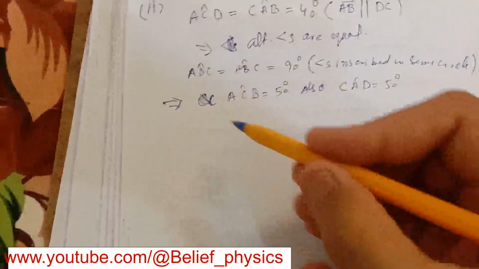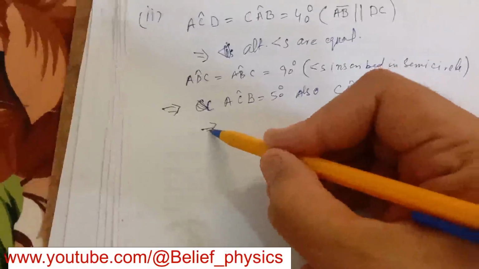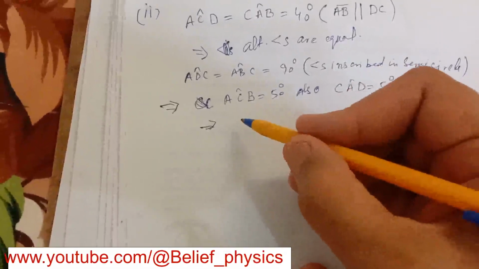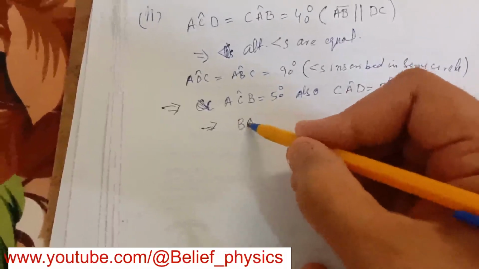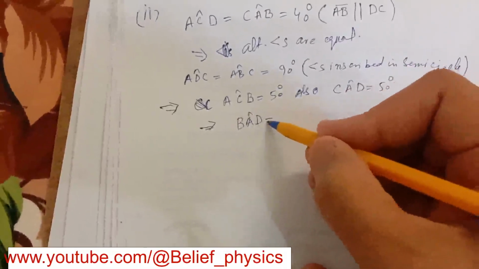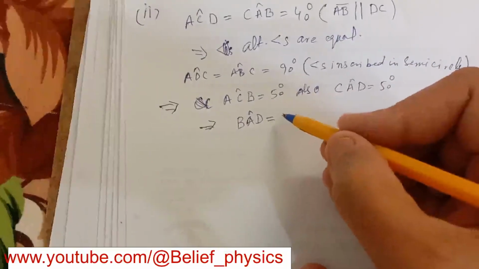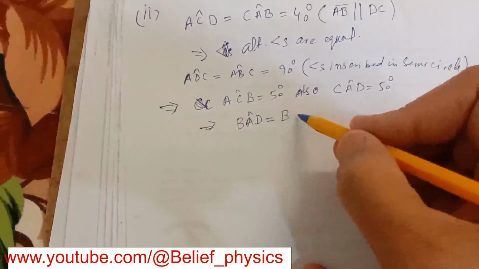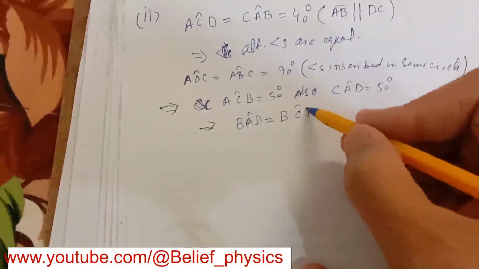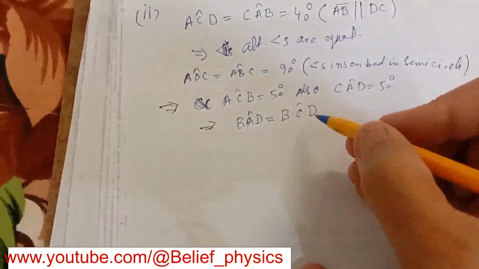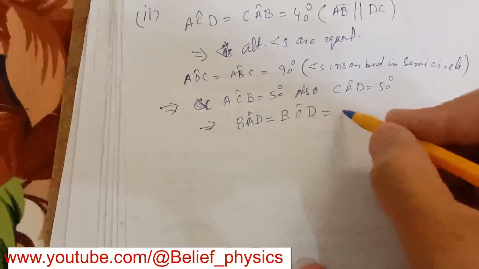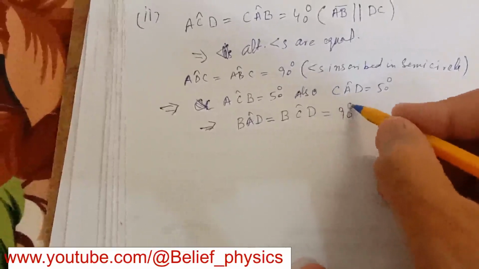This implies that angle BAD is equal to angle BCD, and both of them are 40 plus 50, which is 90 degrees.